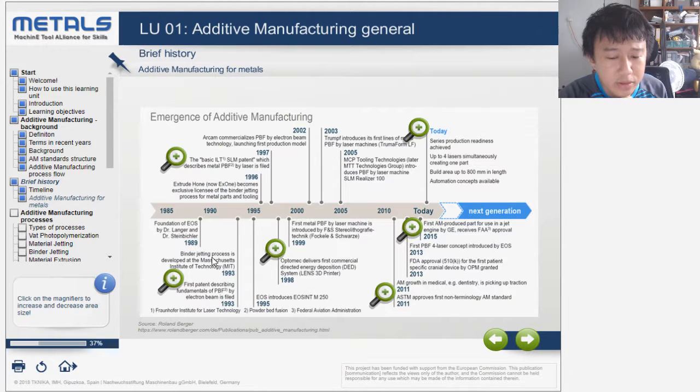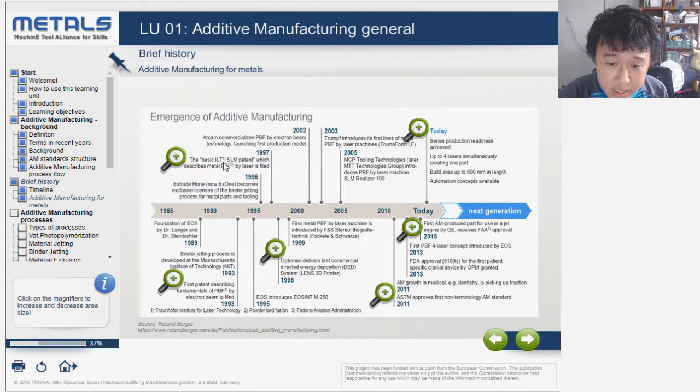If you want to print using binder jet, I believe Shapeways can do that for metals. EOS introduces the EOSINT M250, okay, and then Extrude Hone becomes exclusive licensee of the binder jet technology. Yes, definitely binder jet, take note of that. I think in 1996 it's far ahead of its time. I think in the next 5 years we will probably see more of it.